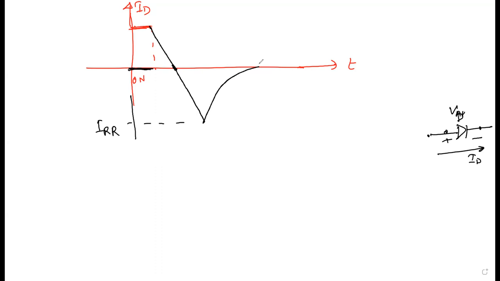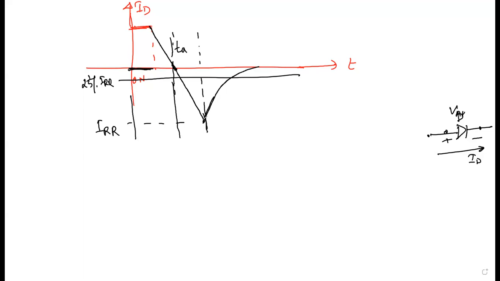This is the current, and now what people do: when the slope is negative and it goes to here, this time is designated as TA. There is another line, which is 25% of IRR.